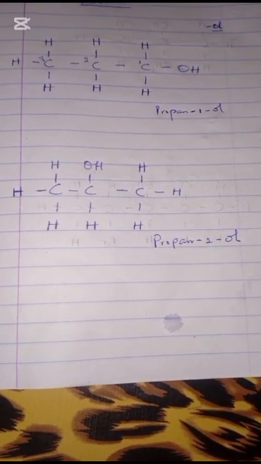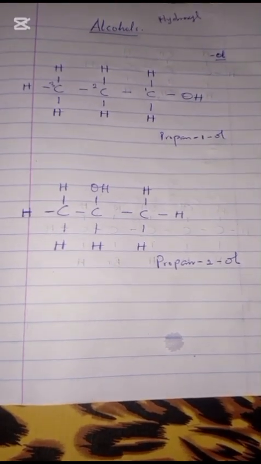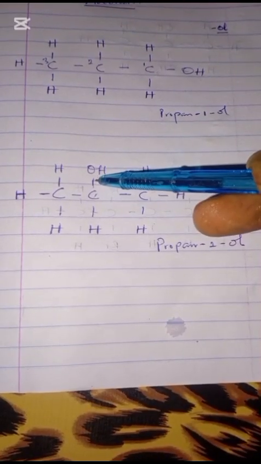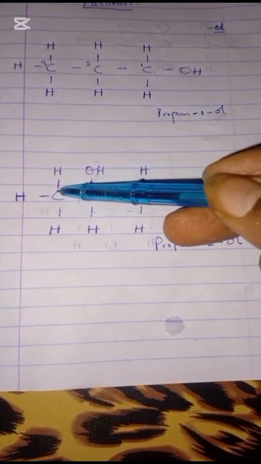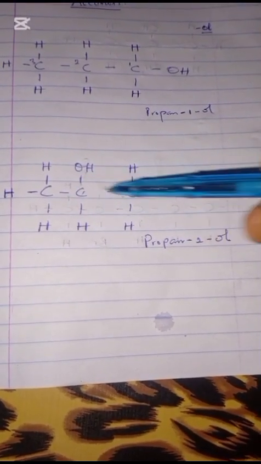Do you understand? Now, propan-2-ol is a secondary alcohol because the carbon that is connected to the hydroxyl group is attached directly to 2 other carbon atoms. On that note, we call this a secondary alcohol.